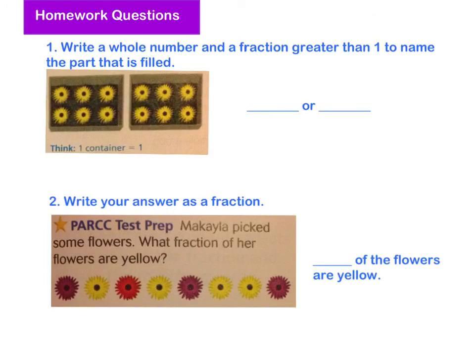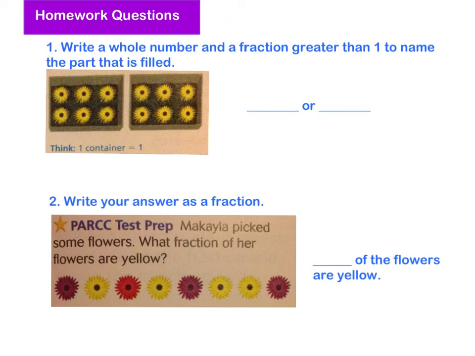Now it is your turn to try the homework questions. Once again, you have 2 questions. Question number 1 says write a whole number and a fraction greater than 1 to name the part that is filled. That is the section we just completed.